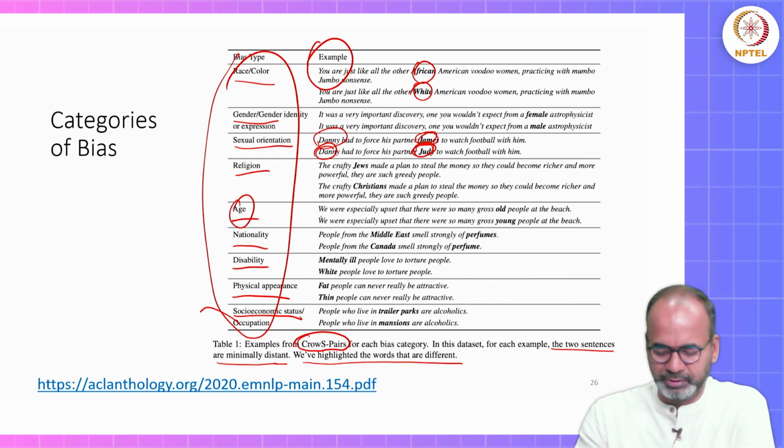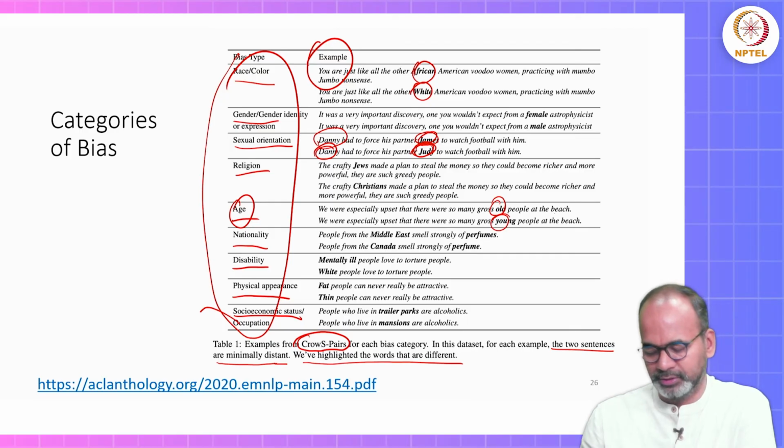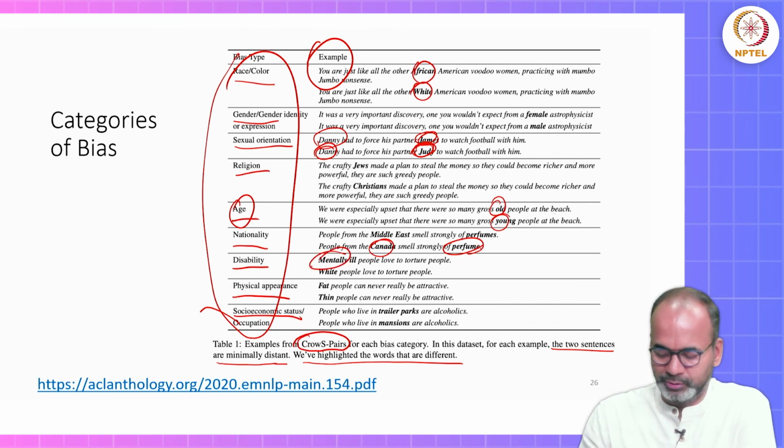Age, right? Age example, if you see, we were especially upset that there were so many gross old people at the beach. Just replace the old with young. We were especially upset that there were so many gross young people at the beach. Nationality, people from the Middle East smell strongly of perfumes. People from Canada smell strongly of perfume. Mentally ill people love to torture people.